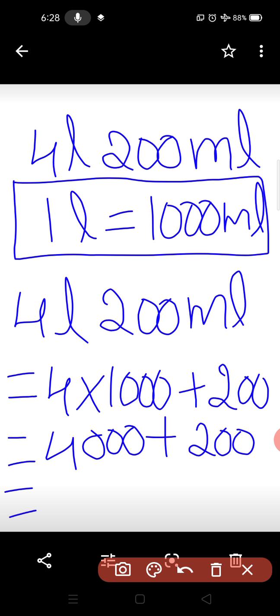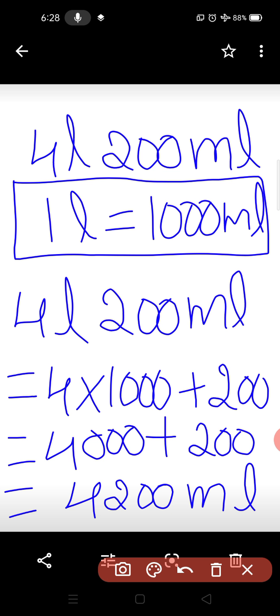This is 4200 milliliters. So 4 liters 200 milliliters is equals to 4200 milliliters.